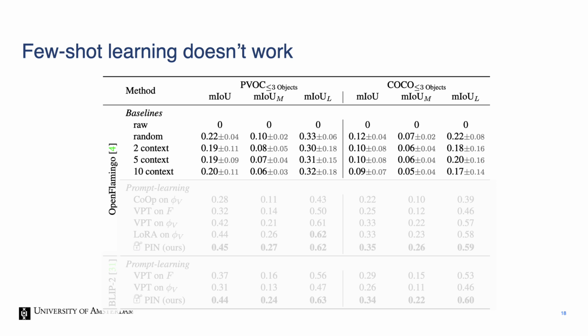We first evaluated the in-context abilities of OpenFlamingo and found that even with context, the vision language model was not able to localize any objects, performing on par with random selection. Note, here we use a subset of a maximum of 3 objects per image for Pascal VOC and COCO.